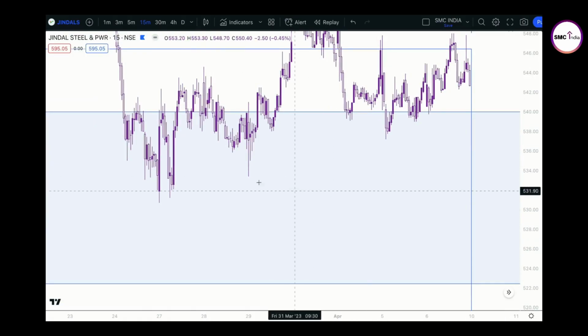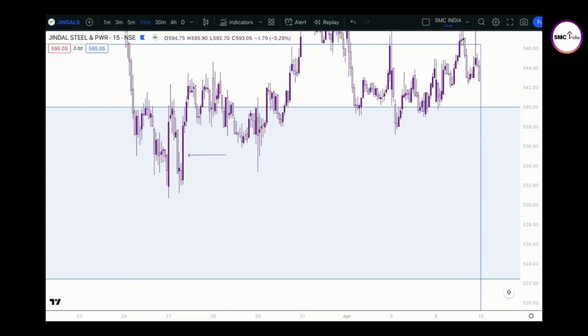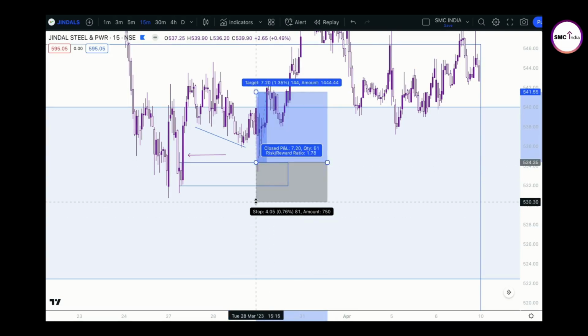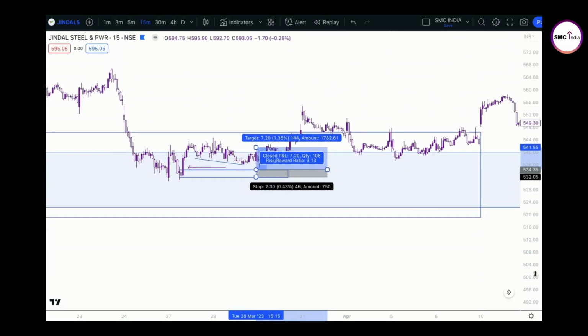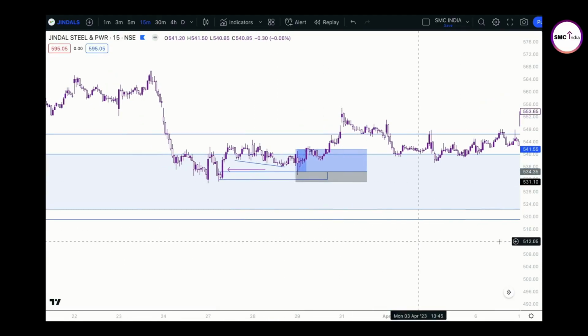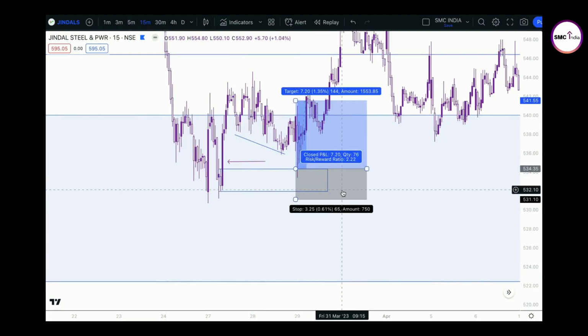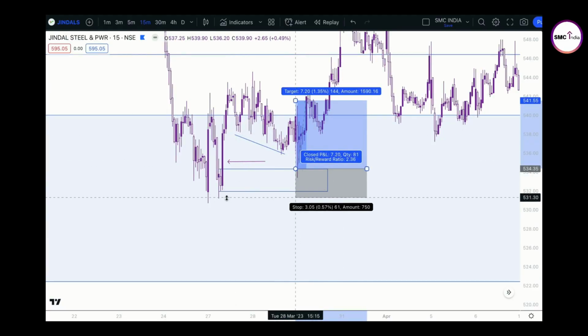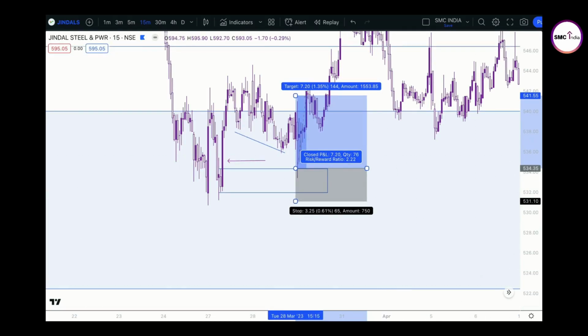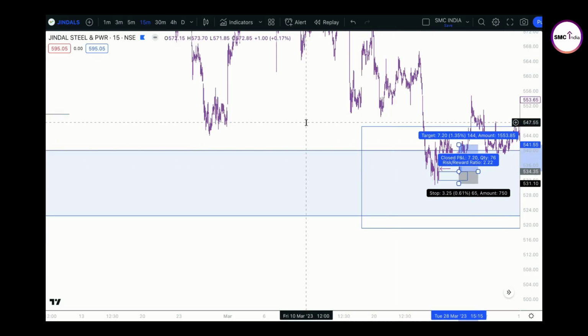So as you see that there is imbalance up here and the price is creating liquidities, what you do is that you mark this as your order block, put your long positions here, putting stop loss just below it, and if you're less aggressive, you could put a stop loss below this wick, because there are many times that the price is going to grab these stop losses and then give a move.